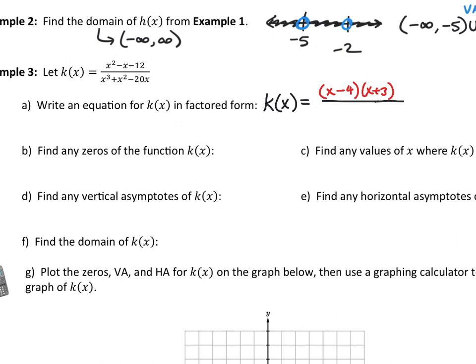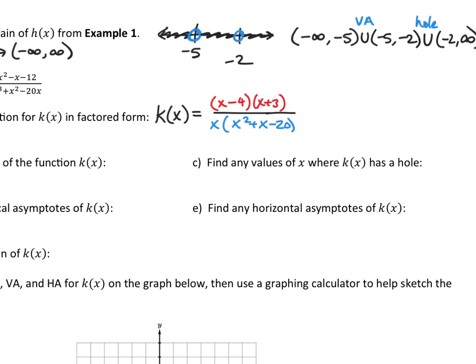The denominator has a GCF of x, so I'm going to factor that out first, and then see the other factors. Rewriting everything: x minus 4 and x plus 3 on top, and on the bottom we already factored out the x, and then we have x plus 5 and x minus 4. There's the factored version of k of x.